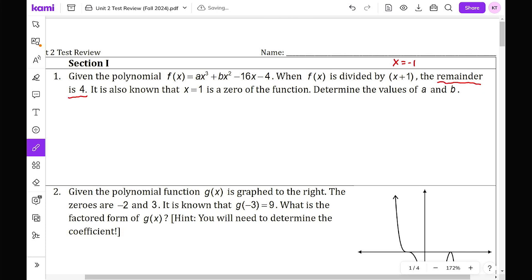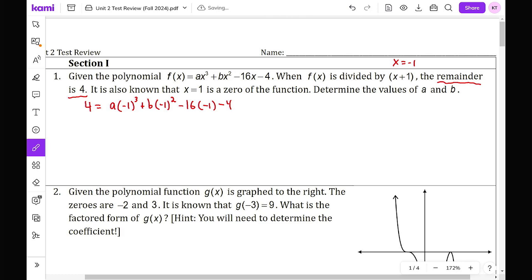So I will have f of x, which we said was 4, is going to be equal to a times x, which is now going to be negative 1, to the power of 3 plus b times negative 1 squared, because x squared, minus 16 times negative 1 minus 4.